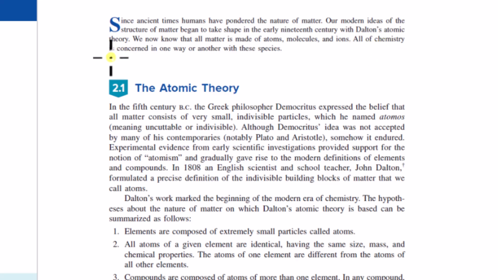All of chemistry is concerned in one way or another with these species. So atomic theory really started to gain momentum in the early 19th century, the early 1800s, late 1700s, with John Dalton.